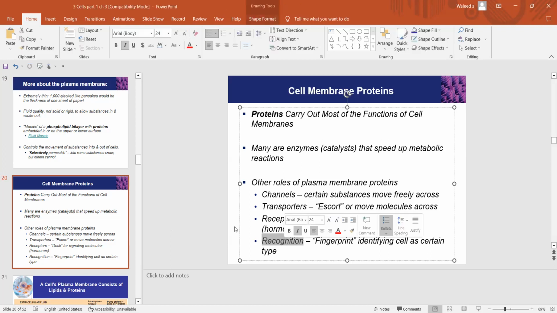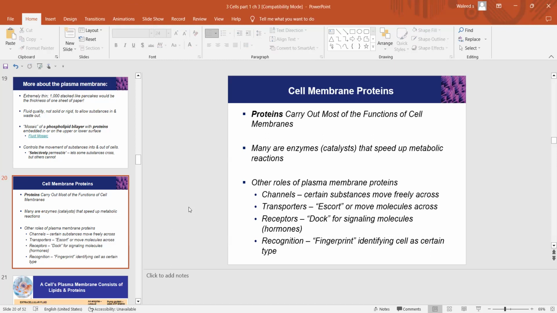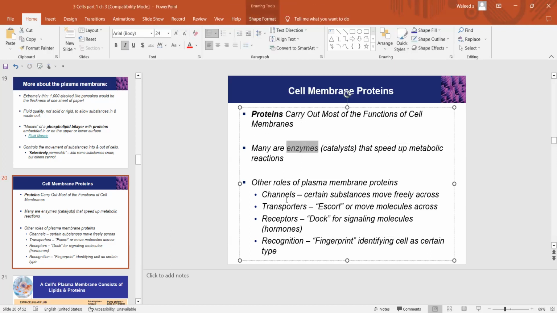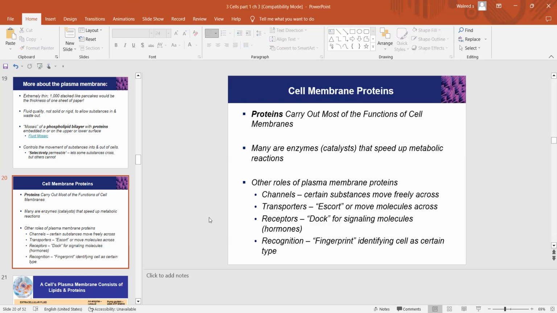The other thing is recognition. Another protein. All of these are proteins: enzymes, channels, transporters, receptors, recognition, like a marker. This is also a protein, and this is very specific, just like your fingerprint. Same example. If you have a mail delivery, the mailman is driving his car and he has something for you.